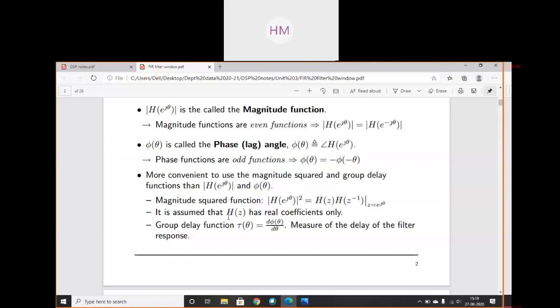It is assumed that H of z has real coefficients only. And the group delay function, we all know what it is. It is tau of theta, d phi theta upon d theta, which measures the delay of the filter response. So group delay tells how much the input and output signals are delayed. So that is my group delay function.